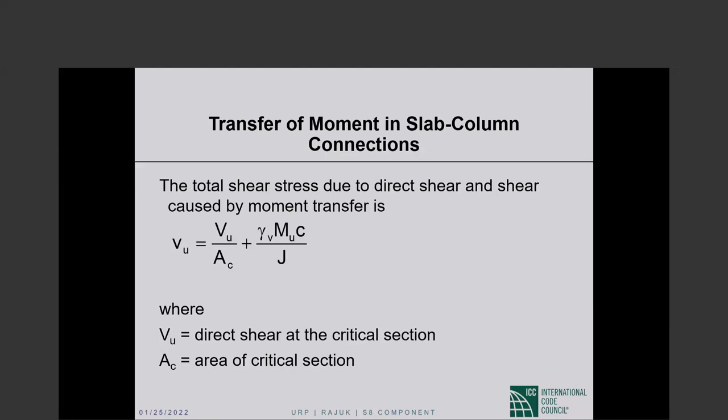So that four-faced or three-faced section has a polar moment of inertia about the centroidal axis, which we will have to determine, and the stress on the faces would be the part of the unbalanced moment that is transferred by shear divided by the polar moment of inertia, multiplied by the distance.